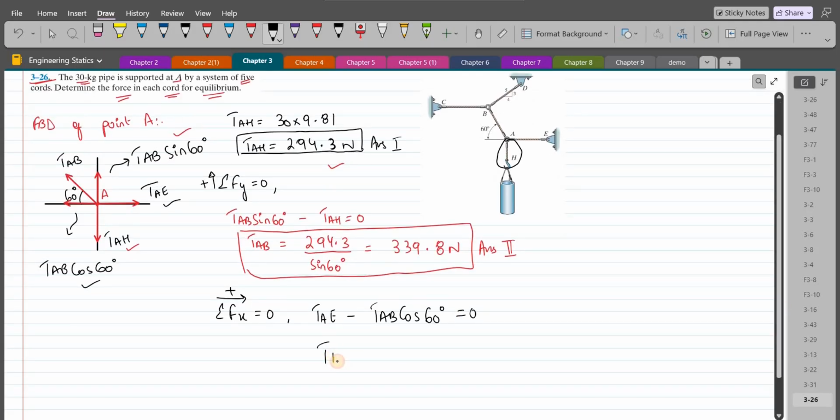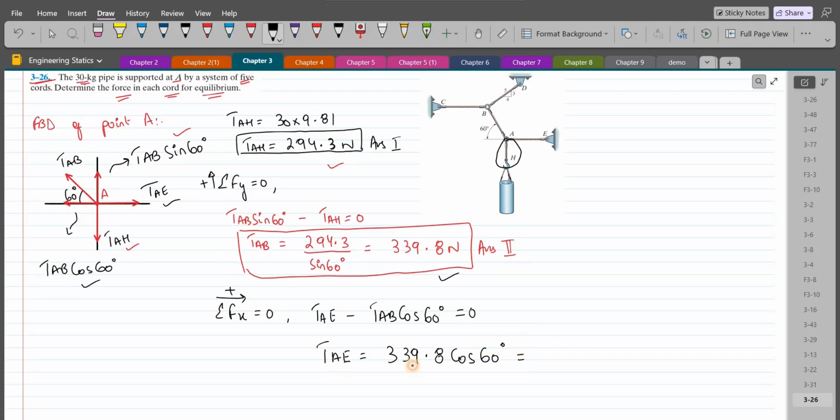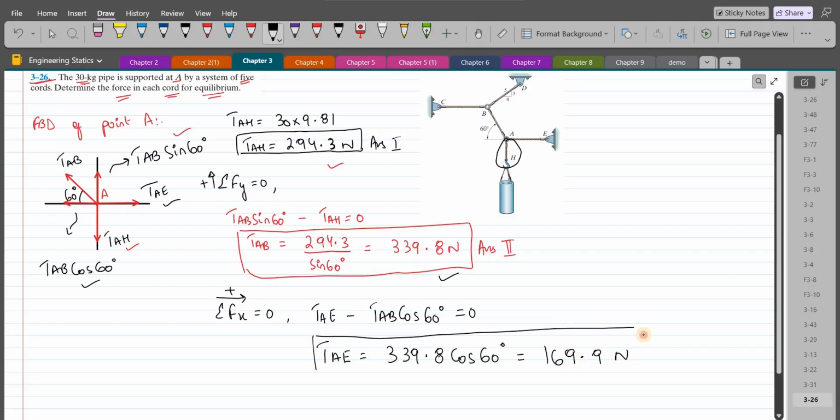So TAE is equal to TAB cos 60, and TAB is 339.8 newtons into cos 60, which comes out to be 169.9 newtons. So this is our third answer.